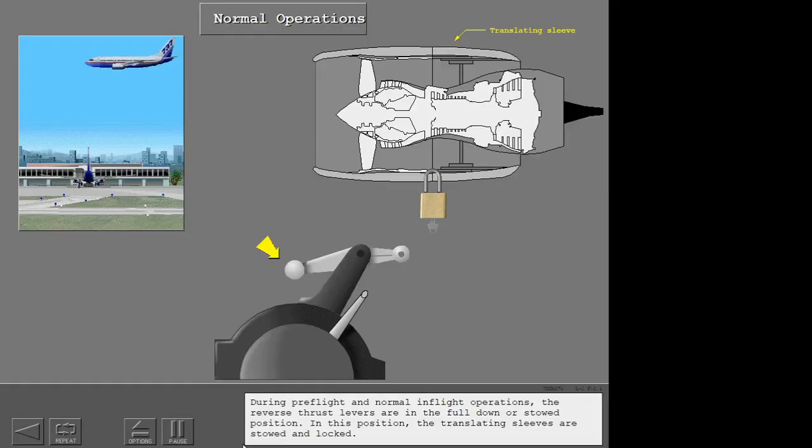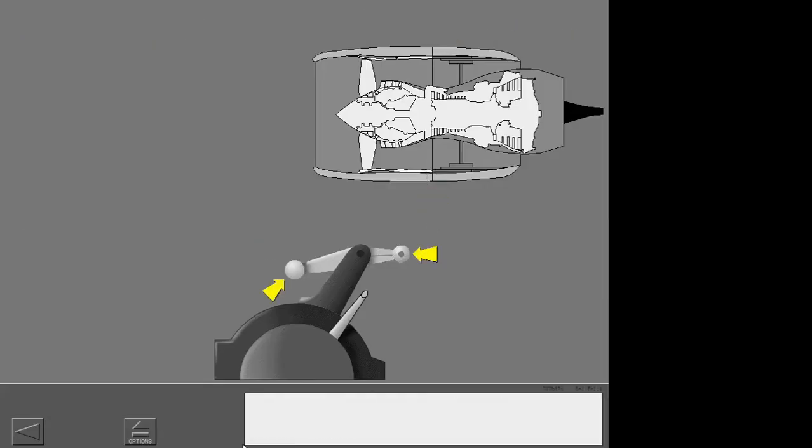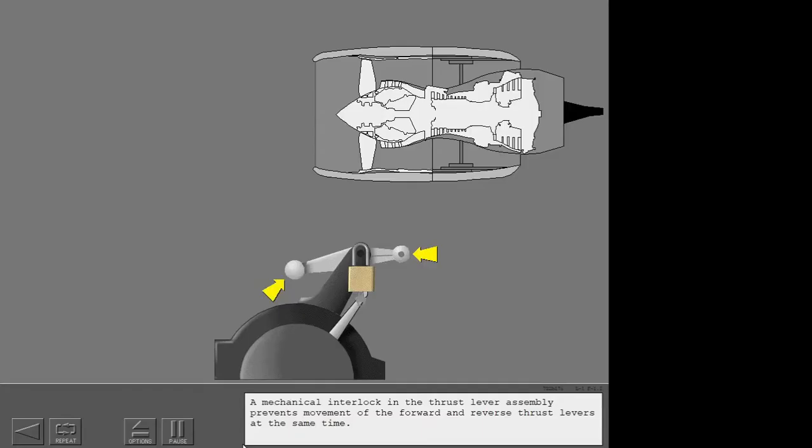In this position, the translating sleeves are stowed and locked. A mechanical interlock in the thrust lever assembly prevents movement of the forward and reverse thrust levers at the same time. The forward thrust levers must be in the idle position before the reverse thrust levers can be moved.